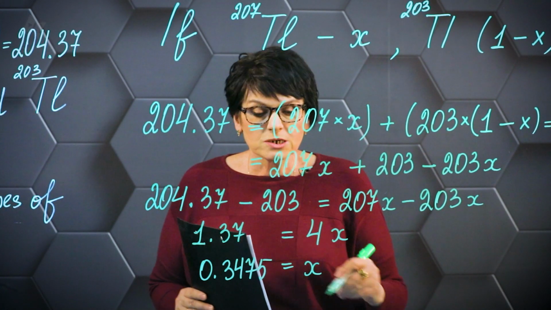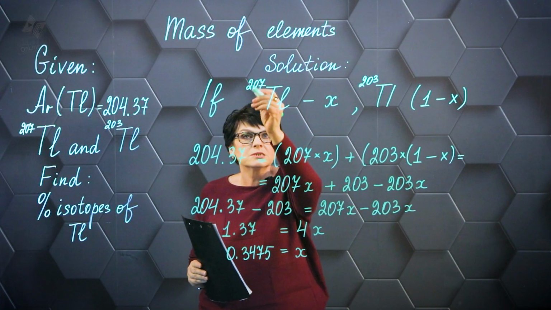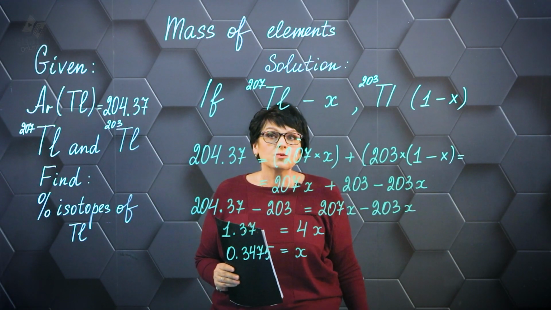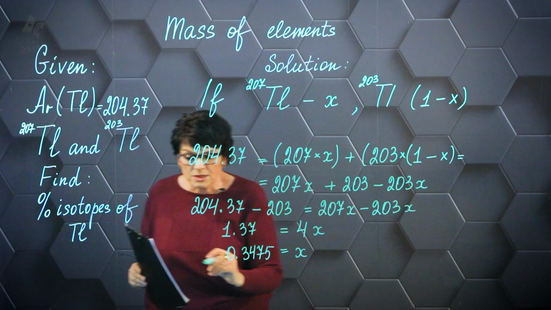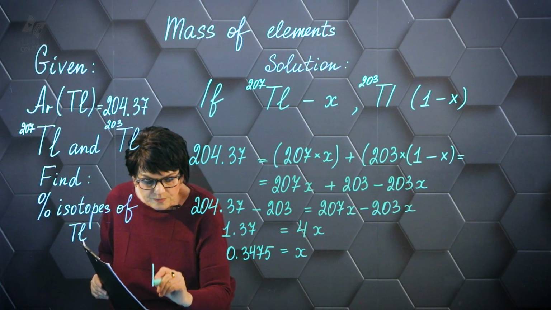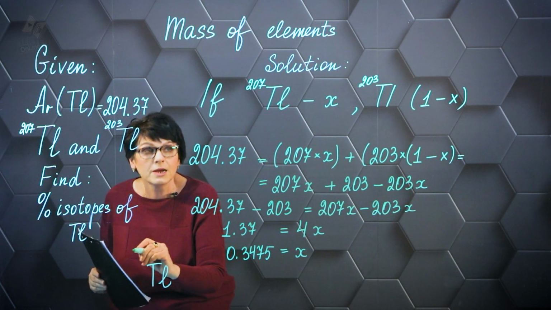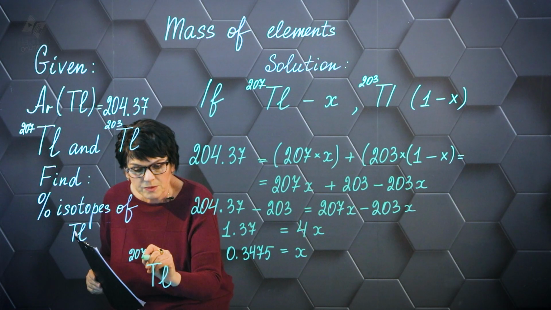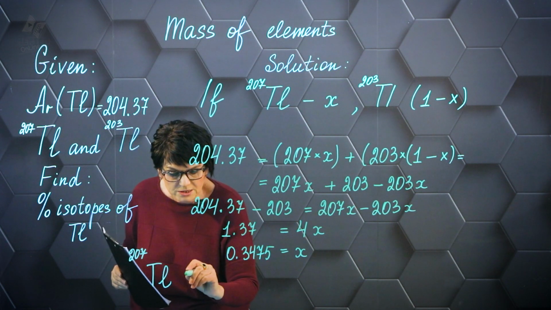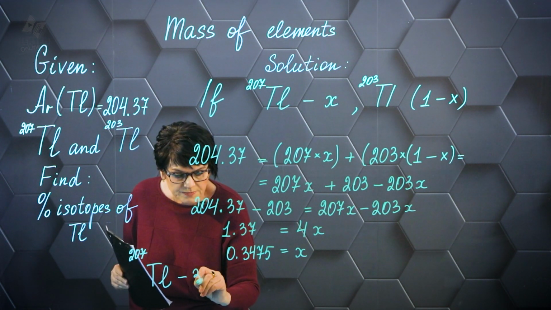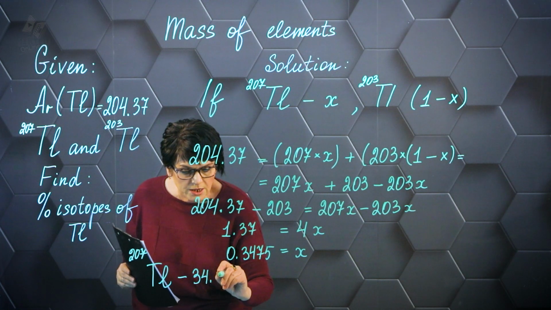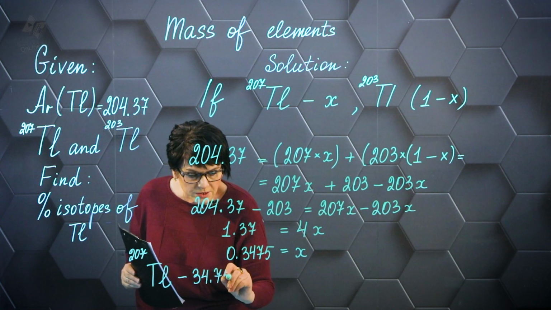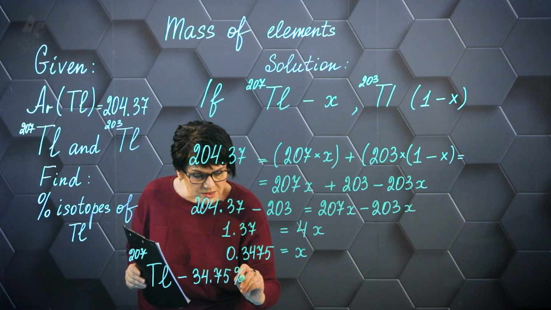Now let's see, what did we take for X? For X, we took the content of the isotope thallium 207. Then we can say that thallium isotope 207, translating that number into a percentage, contains 34.75 percent.